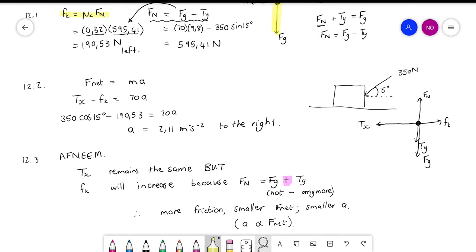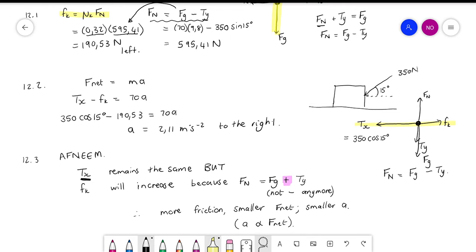Okay, now I'm not too worried about this because Tx is still going to be equal to 350 cos 15 degrees. Hy gaan nou net in die teenoorgestelde rigting wees. So wat ek hier vir julle gesê het is Tx bly dieselfde, die x-komponent bly dieselfde, hy is in die teenoorgestelde rigting, maar hy bly dieselfde. Okay, but the normal force is going to change drastically because previously we had the normal force is equal to the weight minus the y component.